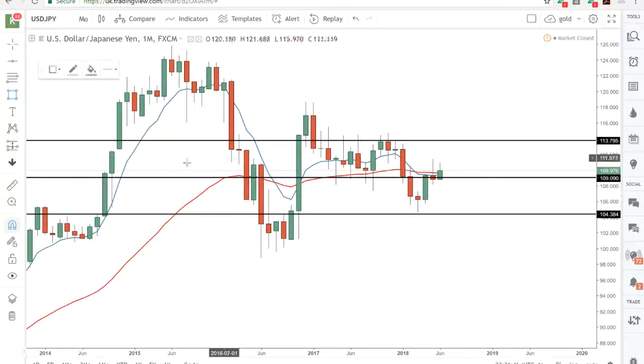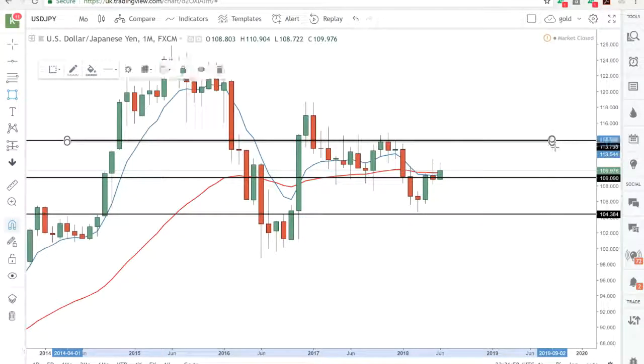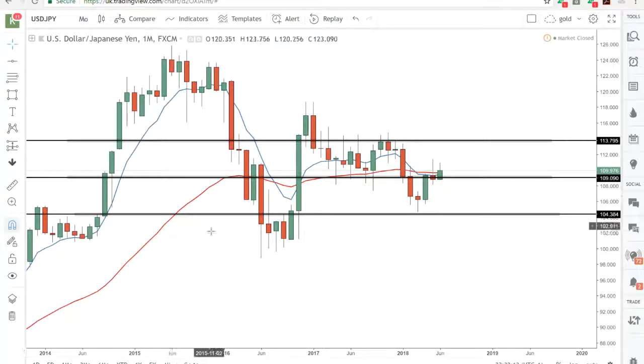So what I like to do sometimes is draw a little rectangle around this, just to remind us that this is actually a price range, not specific price levels as such. So there we've got our monthly levels.